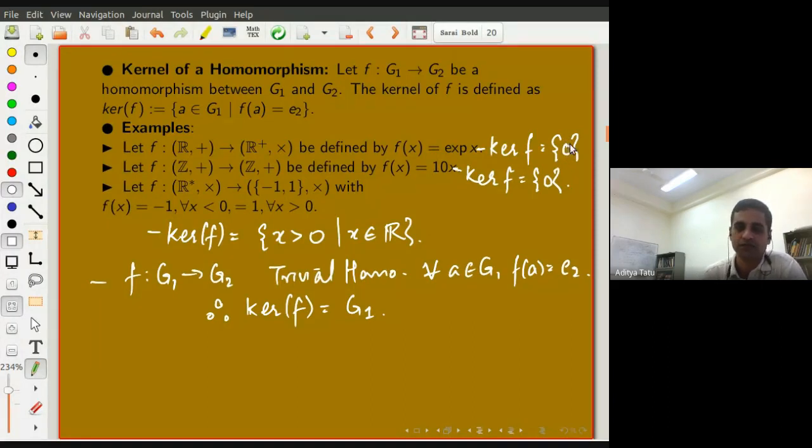In this case, of course, it's the subgroup of R with plus. This case also, again, the kernel is just the identity. So identity as a subset of Z plus is again a subgroup. How about this case? All positive real numbers, is that a subgroup of R star with product?